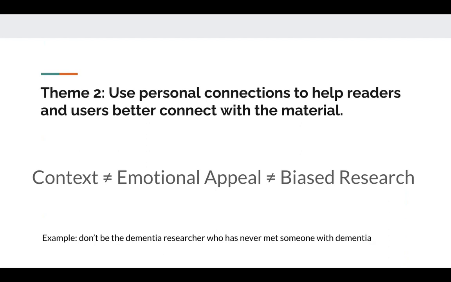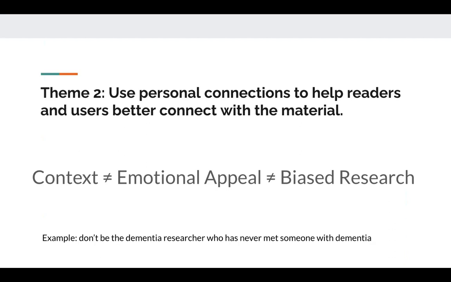But I really want to emphasize this idea that providing context is not an emotional appeal, and it's not biased research by any means. It's just allowing us to understand the real world implication of the work that we're doing.